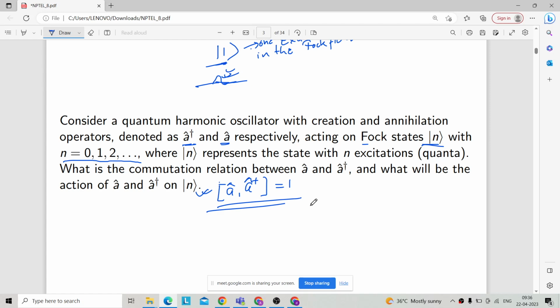Similar to quantum mechanics, this is also the same. The commutation of A with itself is 0, and similarly the commutation of A dagger with itself is also 0.